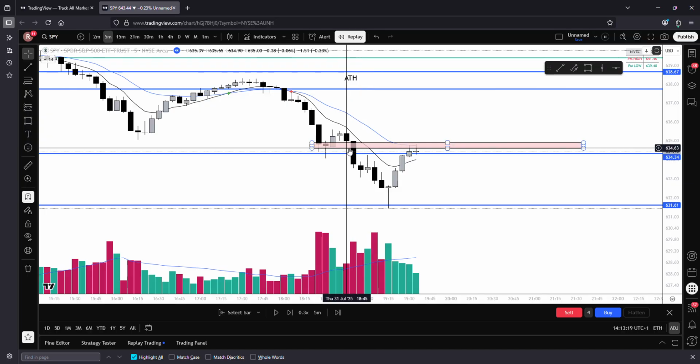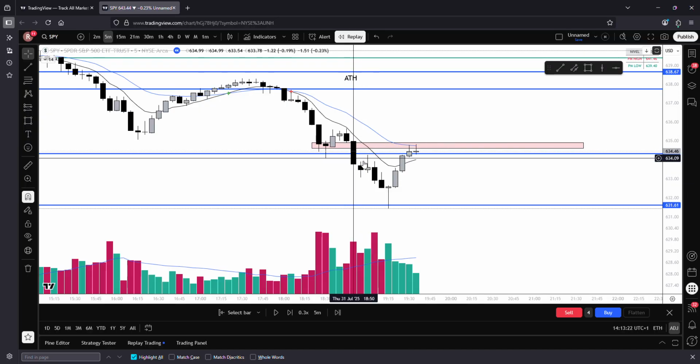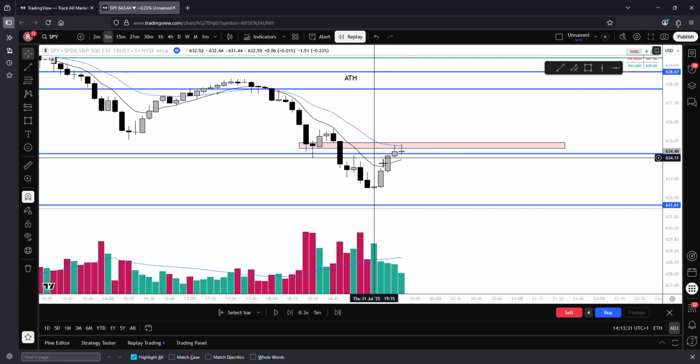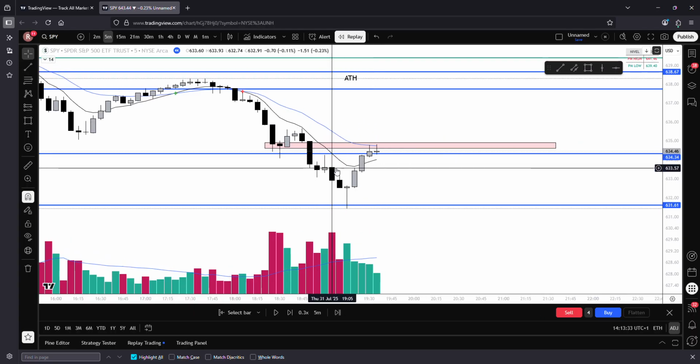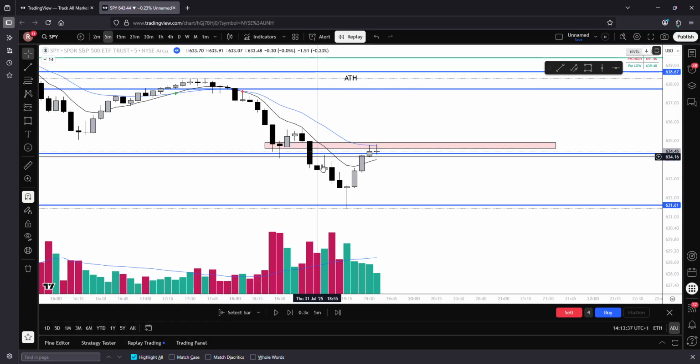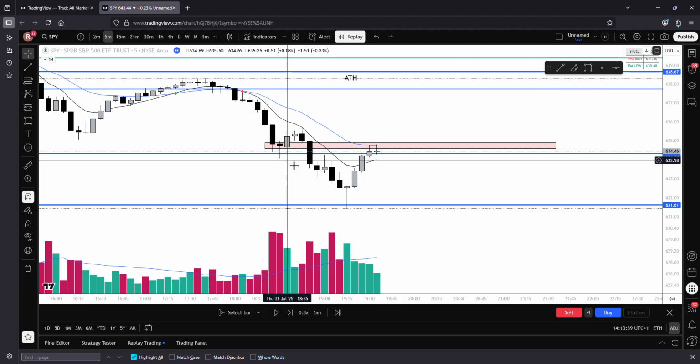As I'm watching this, I can see this imbalance already. I don't really need to mark them off. I'll mark them off when I'm sharing a chart so you guys can see them, but chances are I'm seeing this, it's just part of my process.